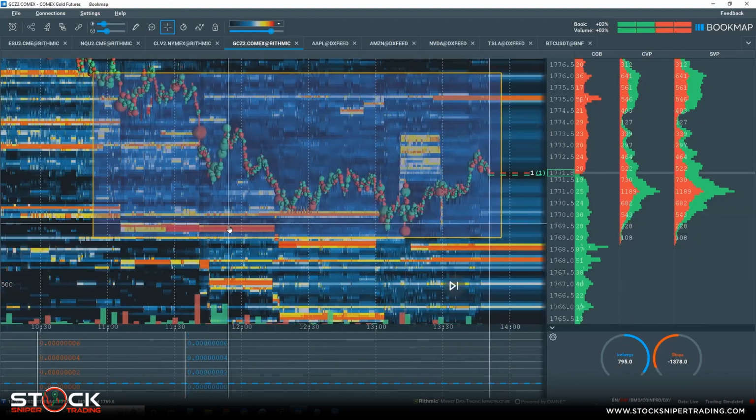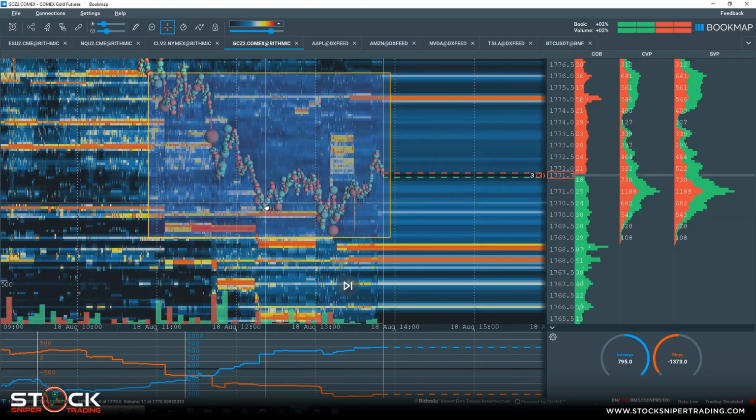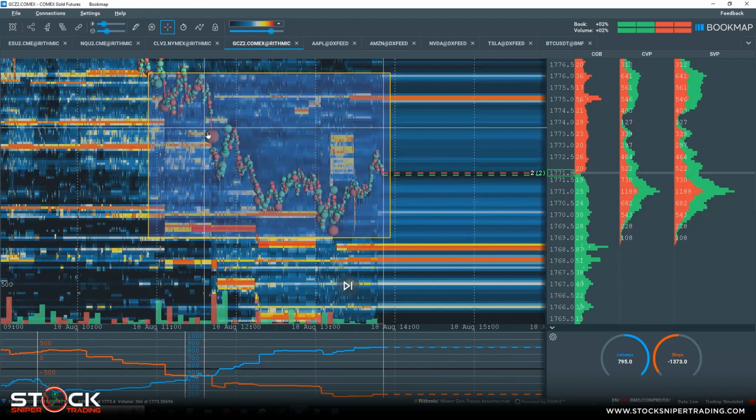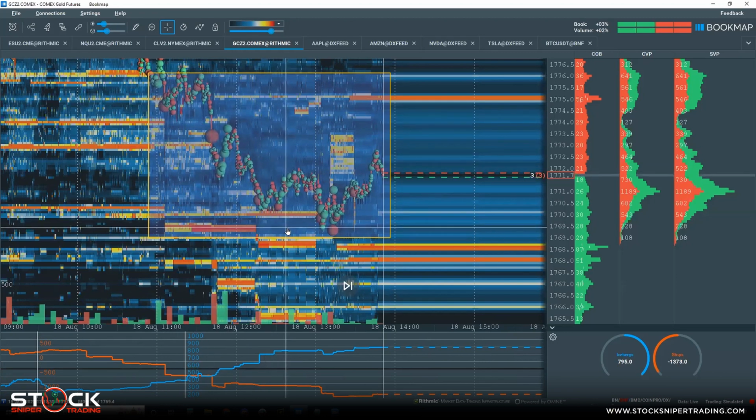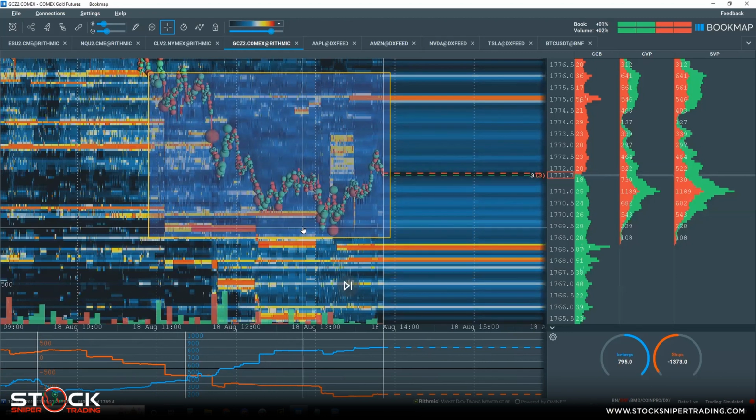Then look at your price structure in here. If they're buying all the way down here, we don't know if the icebergs are buying or covering, but we know this is buying icebergs. We know that they are long, or that they bought.